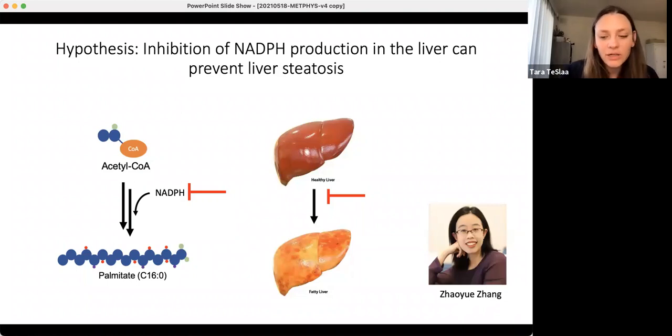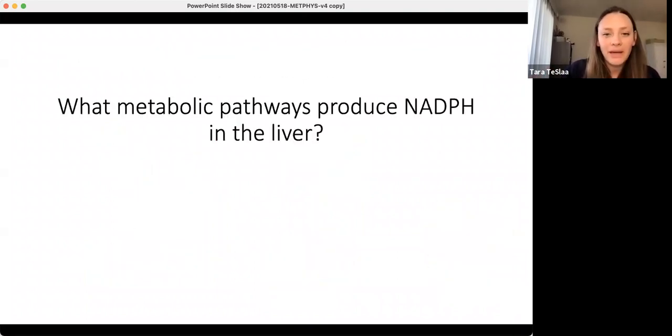And so I started working on this project with another grad student in the lab, Jiaoye Zhang, who recently graduated and is now in Jeff Friedman's lab. So in order to block NADPH production in the liver, one thing we need to know is where that NADPH comes from. So our main question in this project is, what metabolic pathways produce NADPH in the liver?